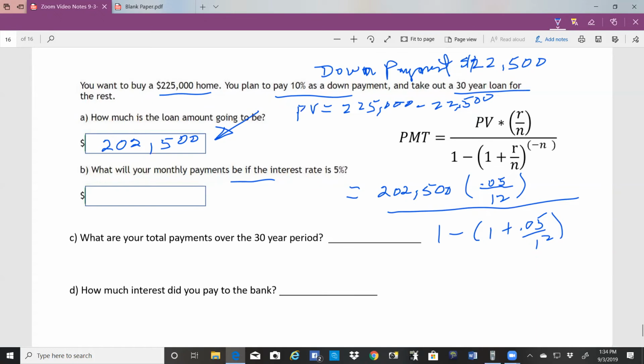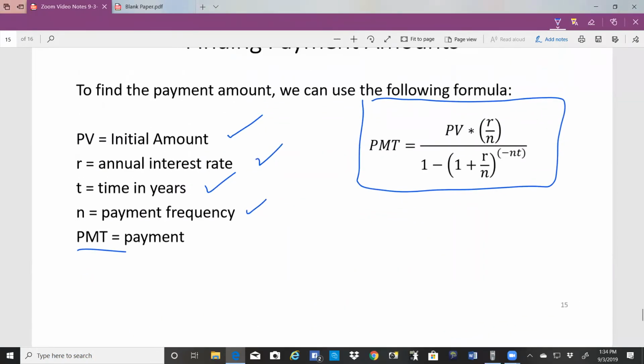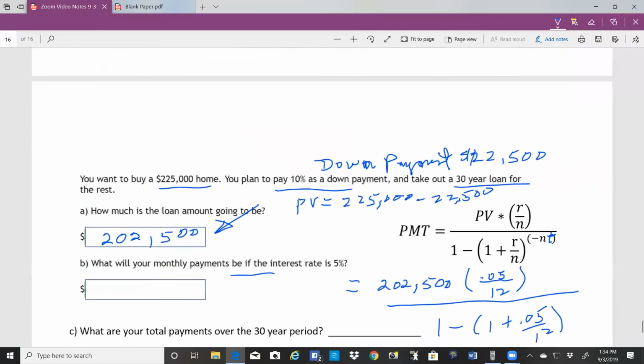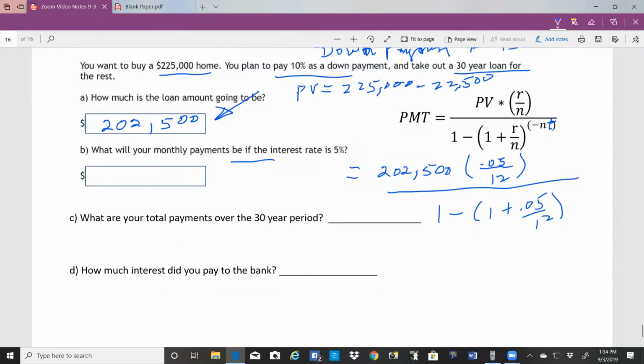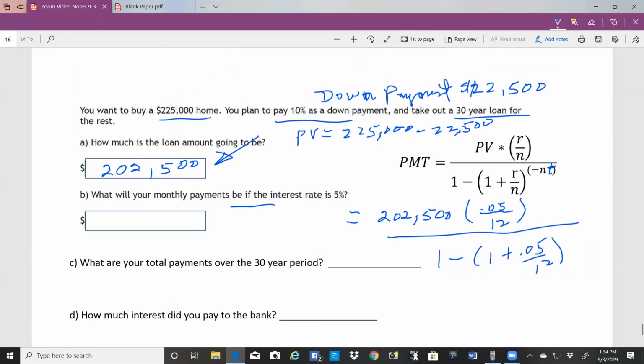Everybody make a correction. There's an NT up here. I don't know why that didn't come out exactly right, but it's minus NT. That is the formula, minus NT. So make that correction on your notes. N is 12, T is 30, NT is 360. So we want to go to the minus 360 power.